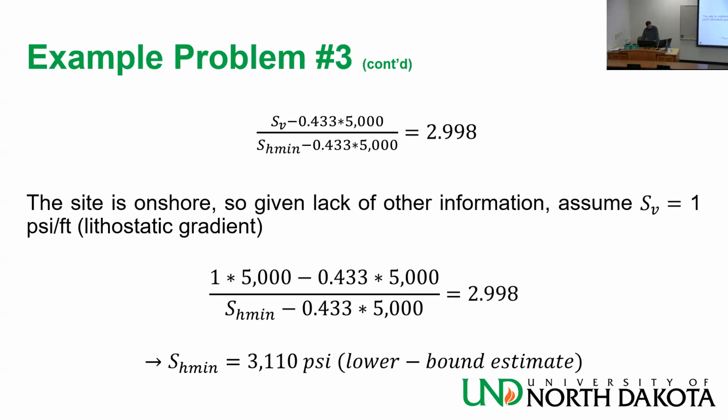Now, let me tell you something. Before I do that, let me write here to make it clear. Normal faulting, so S1 is SV, S3 is SHmin. Okay? Remember this.